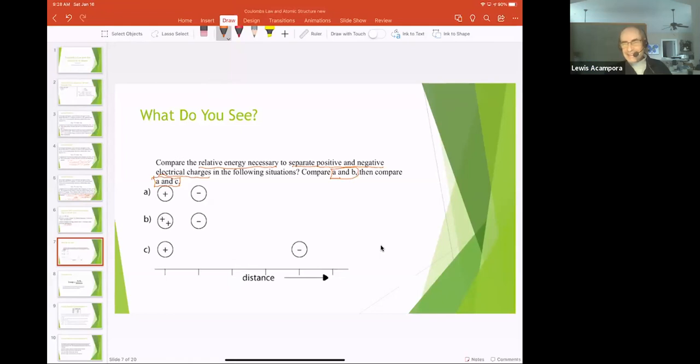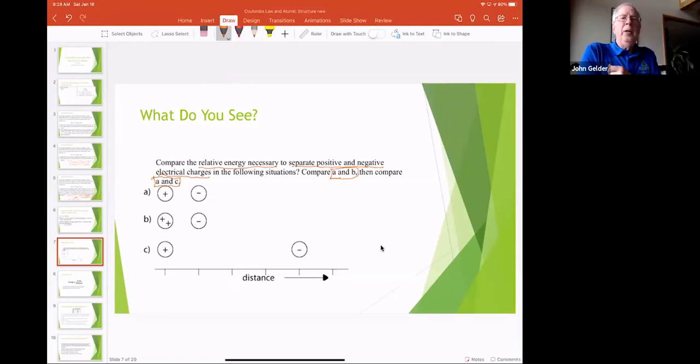All right. So I agree with 82% of you in that choice A would require the greatest amount of energy. What's the same in this particular case are the charge on the nucleus and the charge on the electron, but what's different now is the distance.